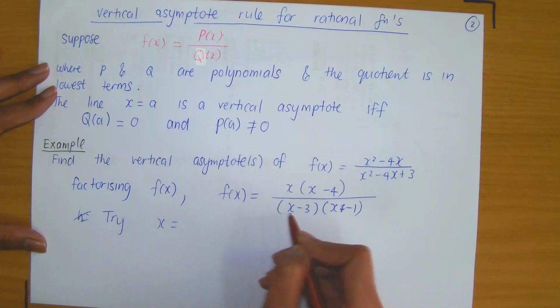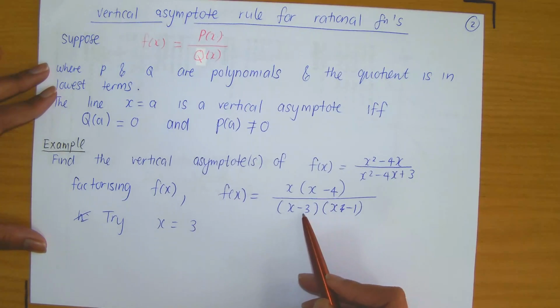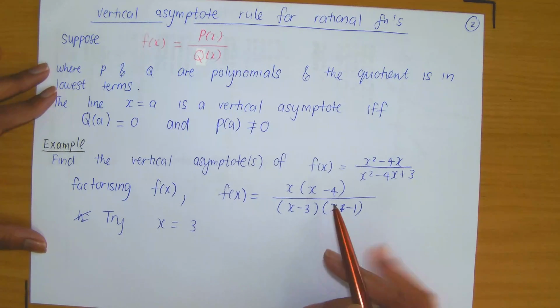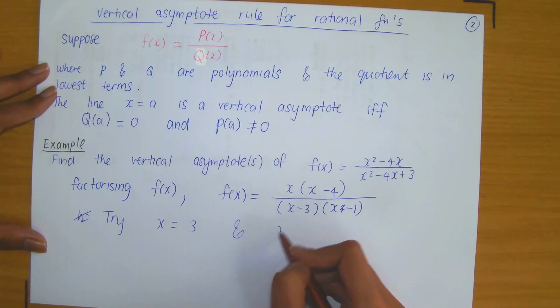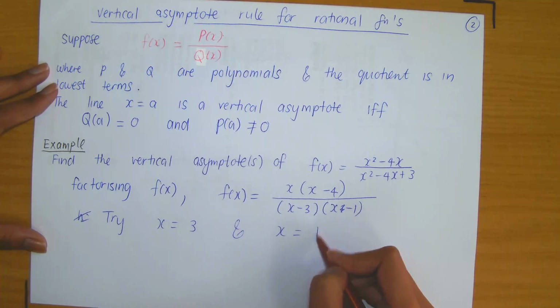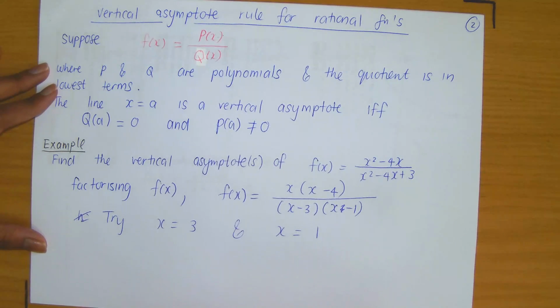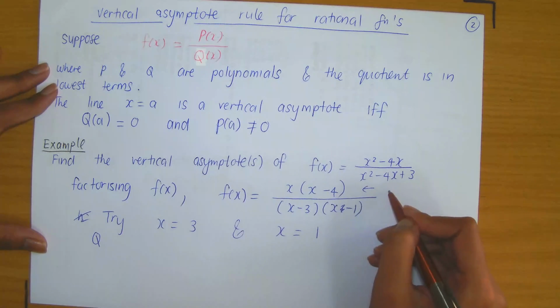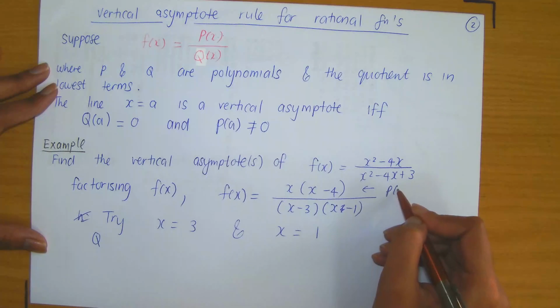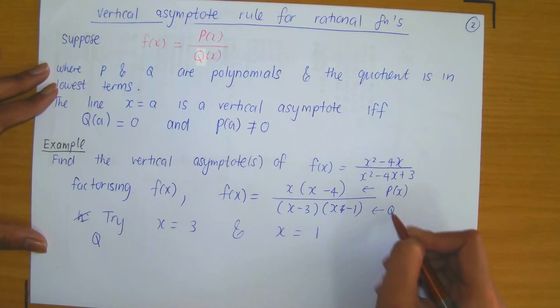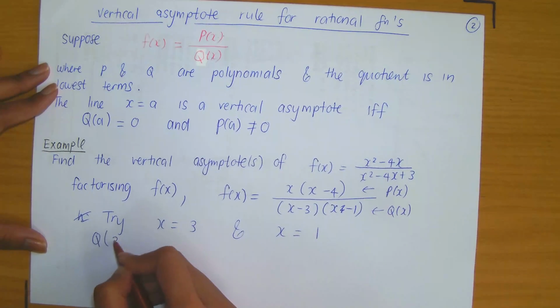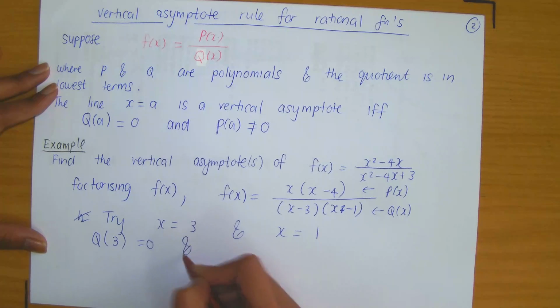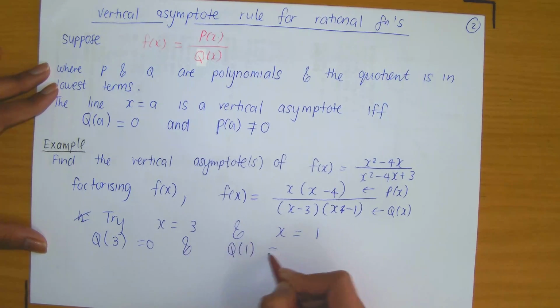Now looking at this, let's try x equals positive 3, because at positive 3 we observe that the denominator is going to be 0, and we're going to try x equals positive 1, because if I substitute in 1, then the denominator again would be 0. So if this is p, and if this is q, then we have that q at 3 equals 0 and q at 1 equals 0.